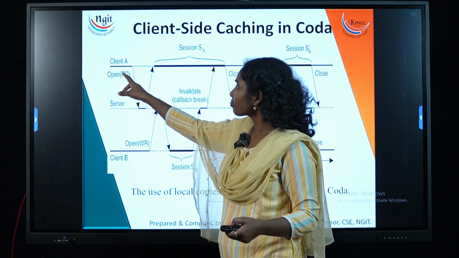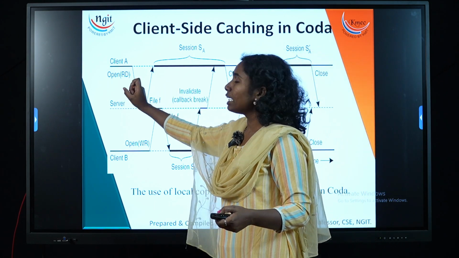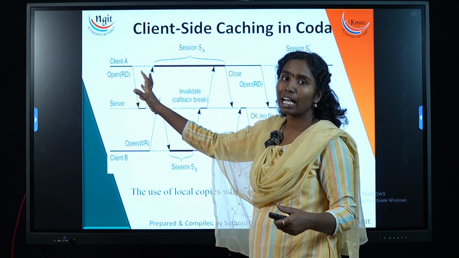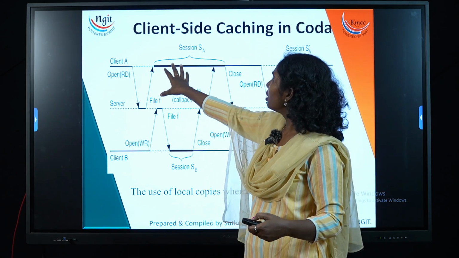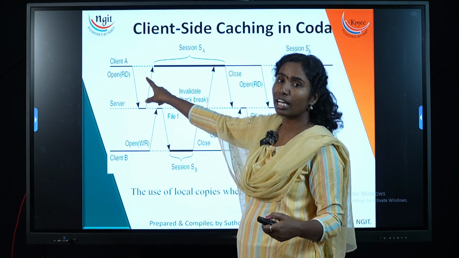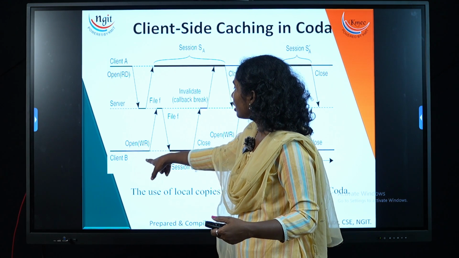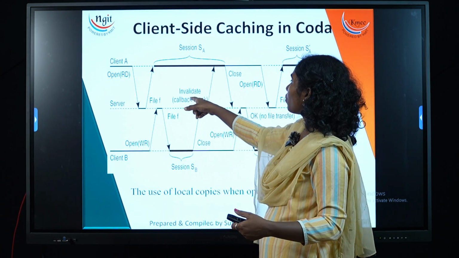Now here, a client who is asking for the read operation of that particular file F, my server readily gives my file to my client. Now my client started utilizing that. Meanwhile, some other client B came and is asking for the write procedure. So what are we doing?